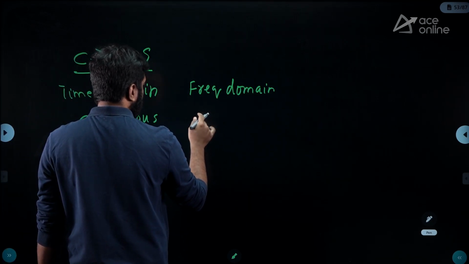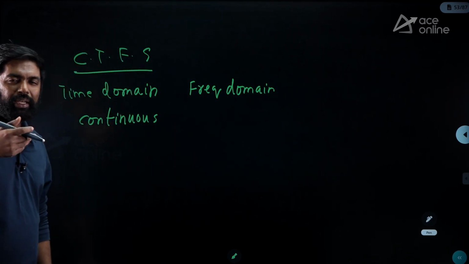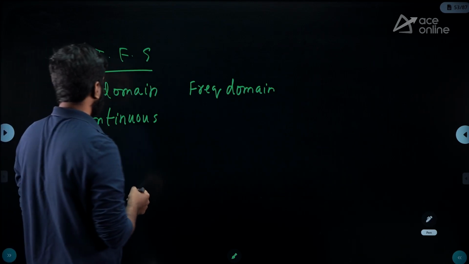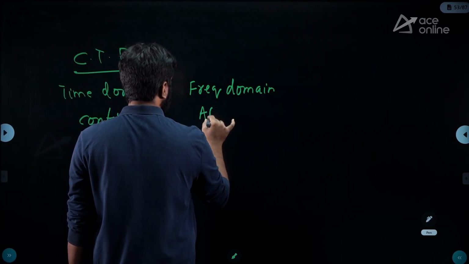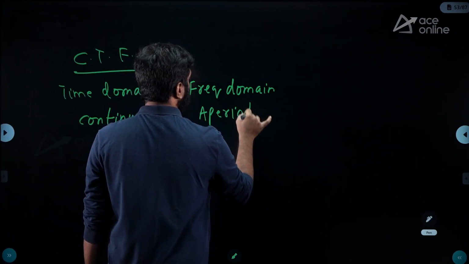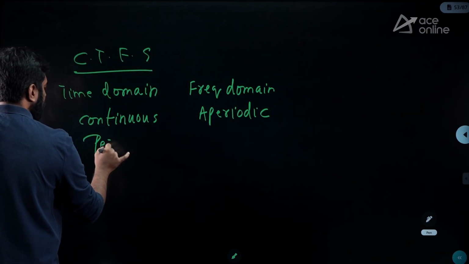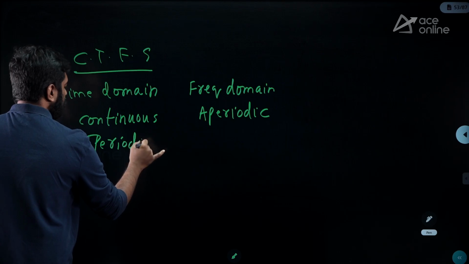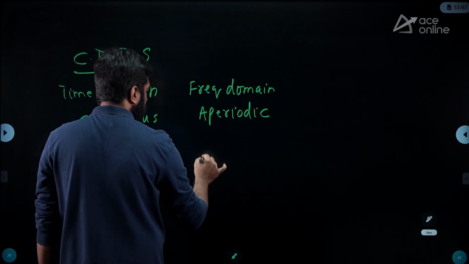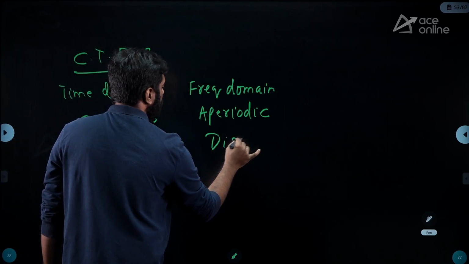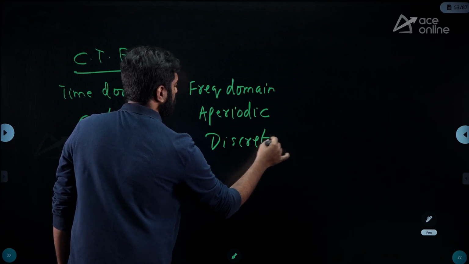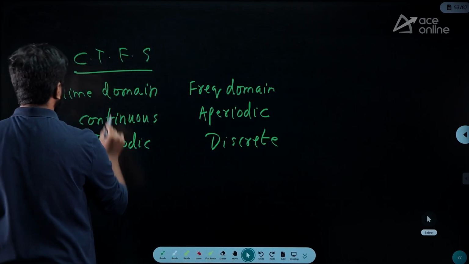In the frequency domain, whenever you draw Cn, the magnitude plot or the phase plot, it shows aperiodic nature. When you look at the Fourier series coefficients, they are discrete in nature. This can be asked in your examination.